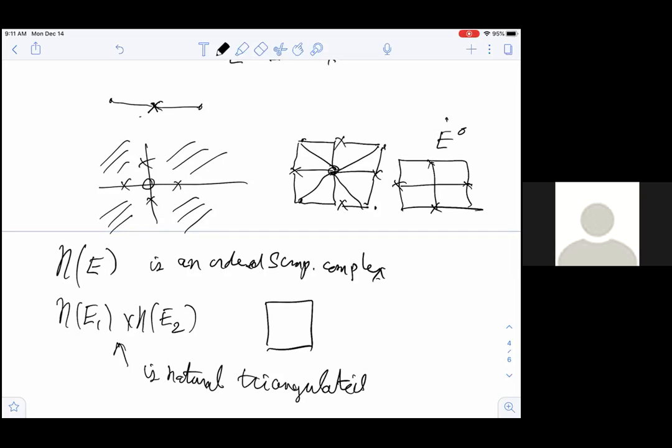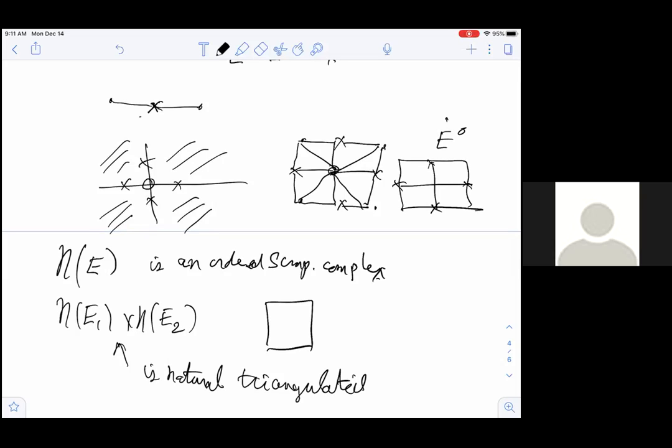It's the naive CW product. But now because both sets of vertices are ordered, there's an induced order on the pairs of vertices.